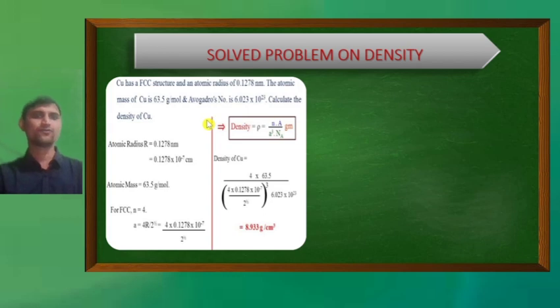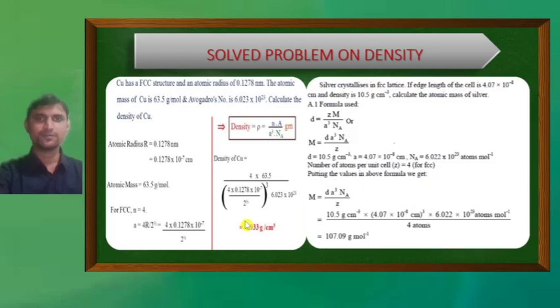Calculate the density of copper. We know the formula, put the values, and we get the density, that is 8.933 gram per centimeter cube. In this problem, we found the density of copper.